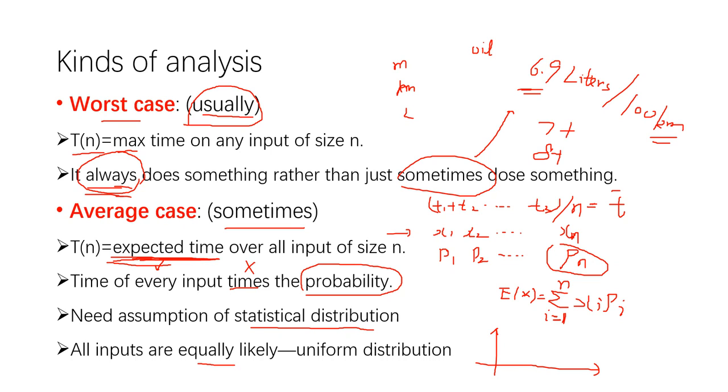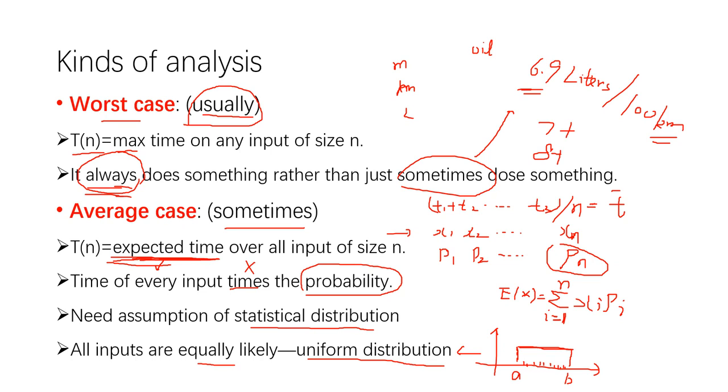If numbers show up from A to B, the probability from A to B is the same. The probability of every number to show up is equally the same. So that's called uniform distribution, or the average distribution.